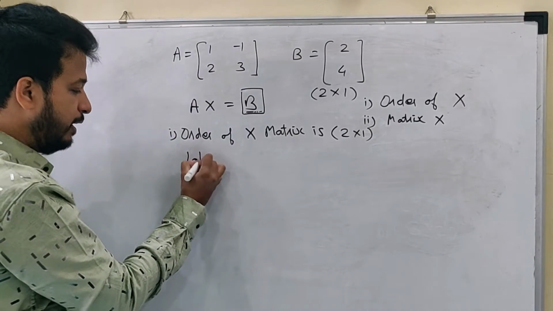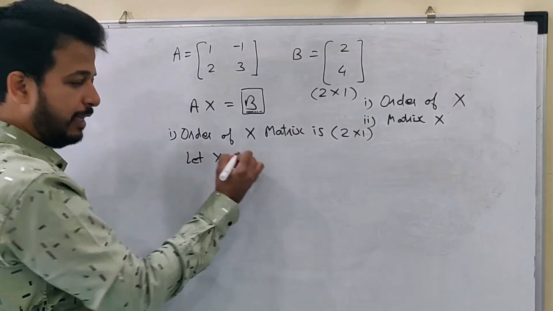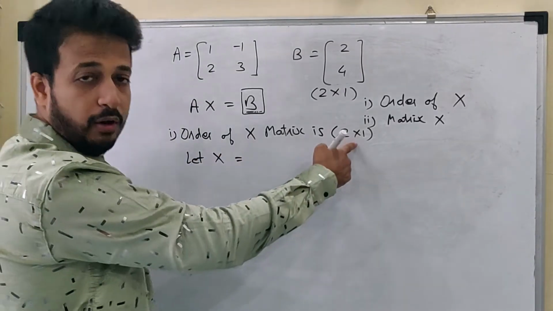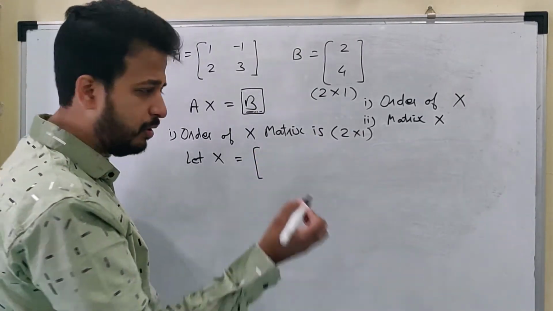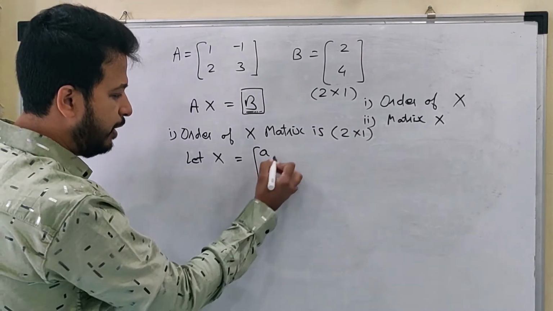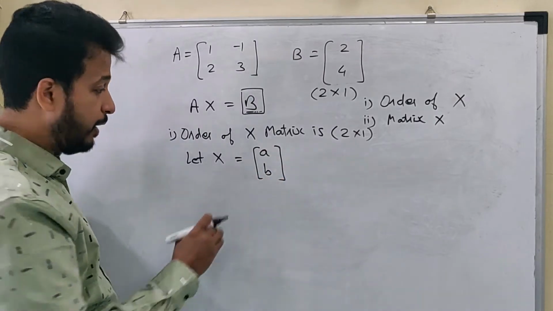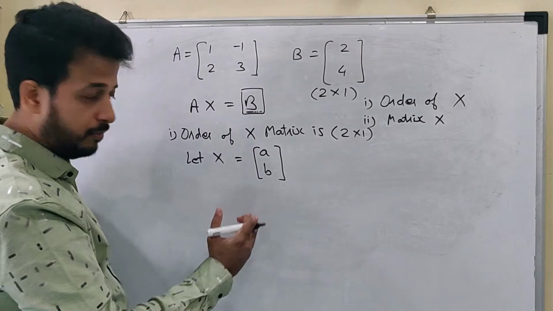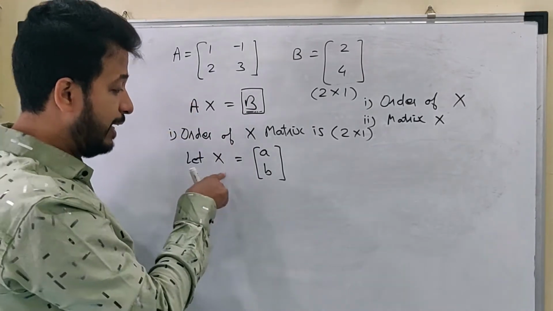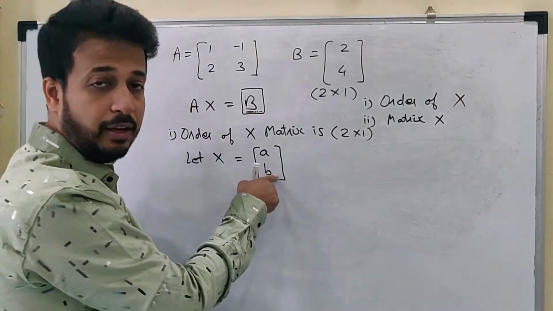Now here I'll write let X is equal to, as it is 2 by 1 order, I can take any numbers. I'll take A and B. So if you see properly, it is having 2 rows and it has only 1 column, right? So now I have to find this X matrix. I have to find this A and B value.